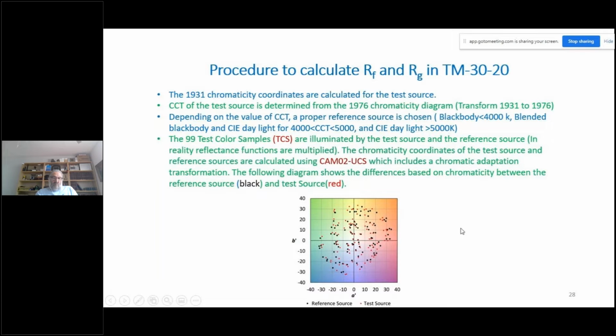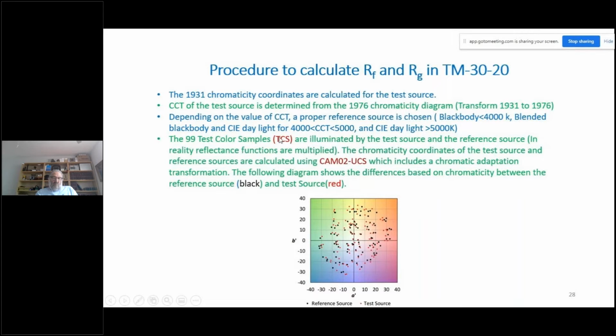So how to calculate RF and RG in TM30? Very briefly, I want to quickly go through the different steps just to understand how these numbers are provided. So first of all, you get the 1931 chromaticity coordinates. Then you would transform into the 1960 and get your correlated color temperature.